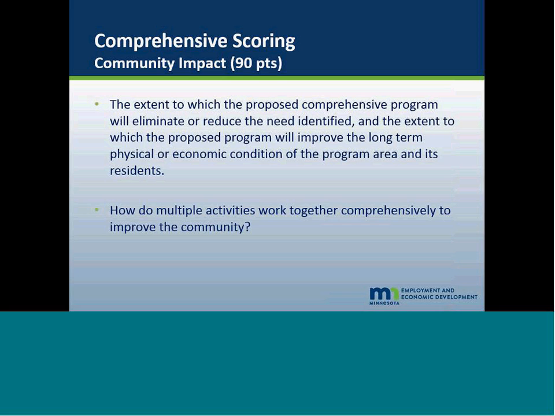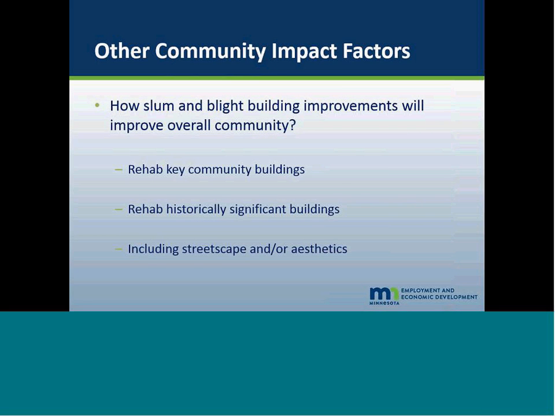So be impact factors. How slum and blight building improvements improve overall community. Focus on rehab key community buildings. Focus on rehabbing historical significant buildings. Include streetscape. If you're on a commercial activity, light is a key component.